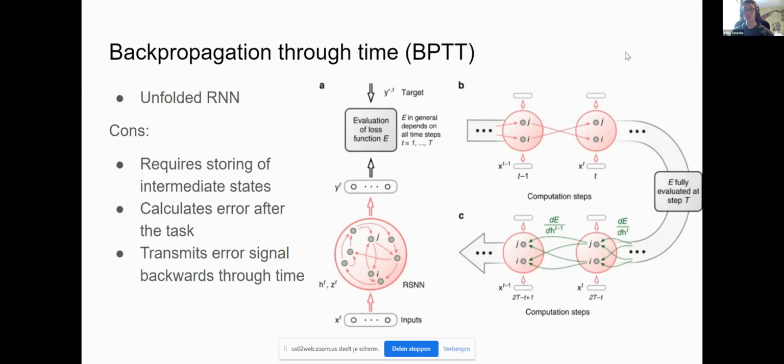And then only after the task is finished, it can calculate the error. And it has to transmit this error signal backwards through time for the different time steps this RNN has taken.